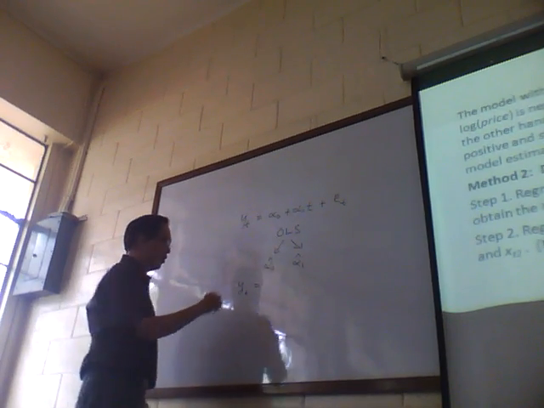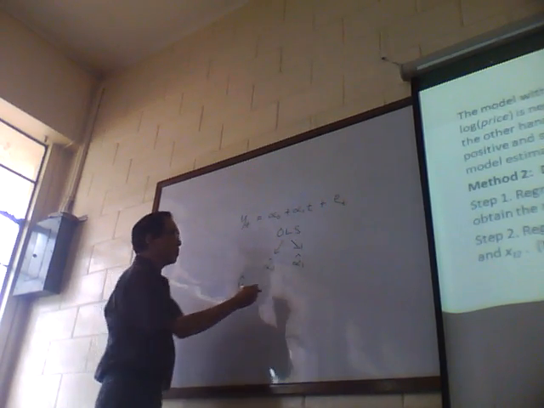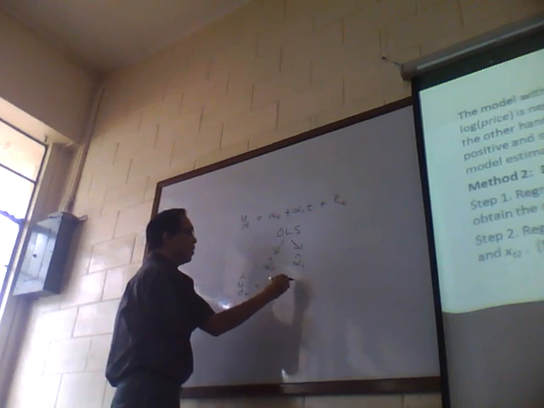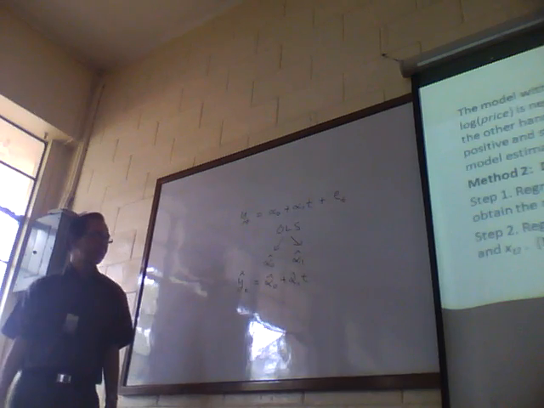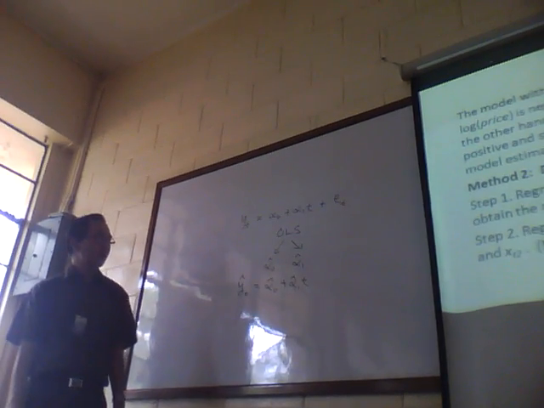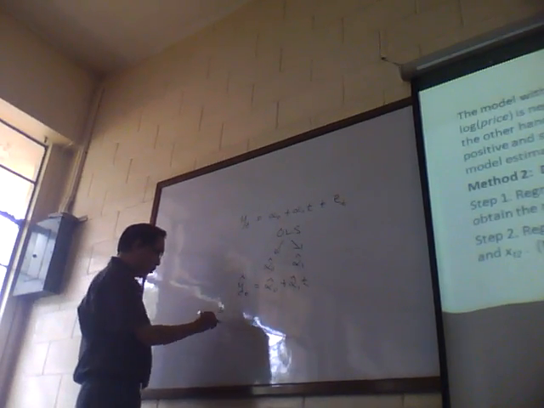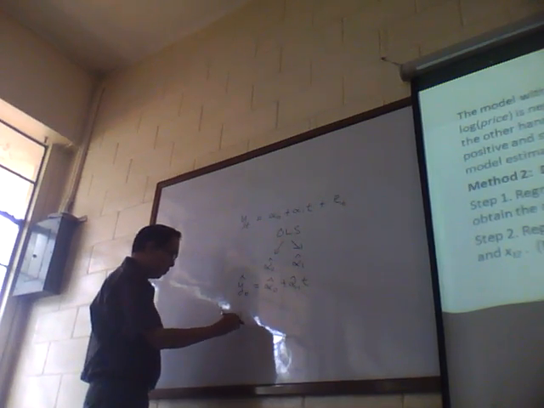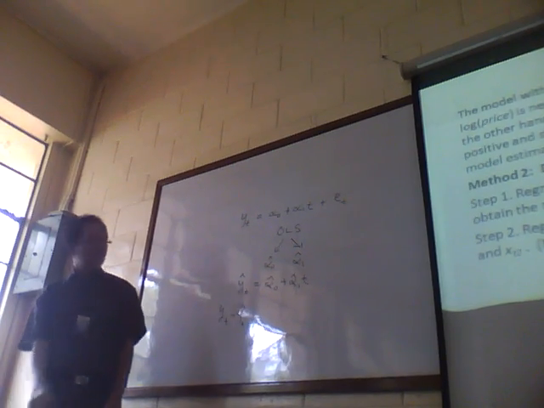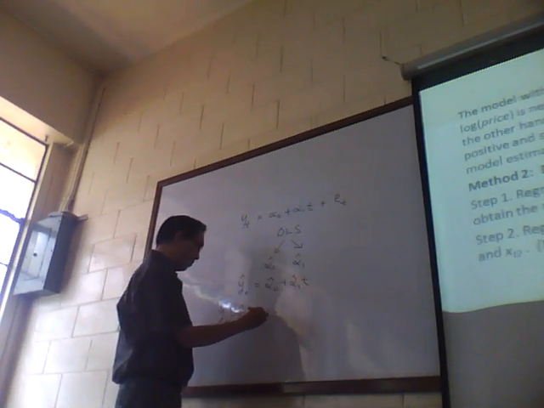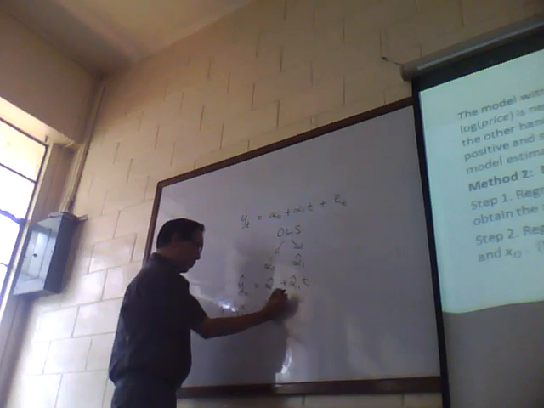Then, when you substitute it back into the equation, you'll get the fitted value. Once you get the fitted value, you subtract the fitted value from the actual data y, and you'll get the residual.